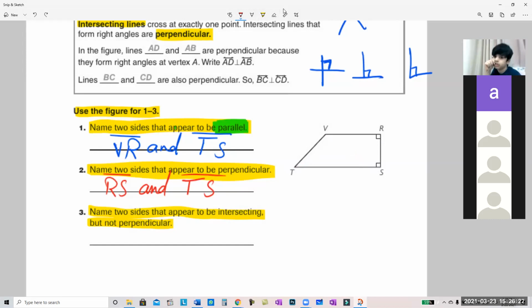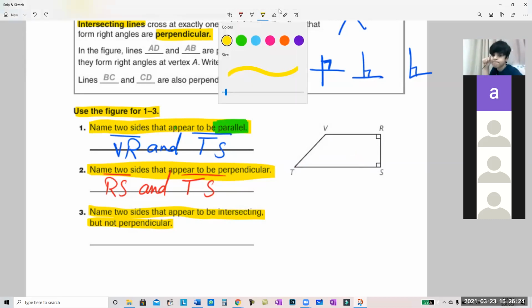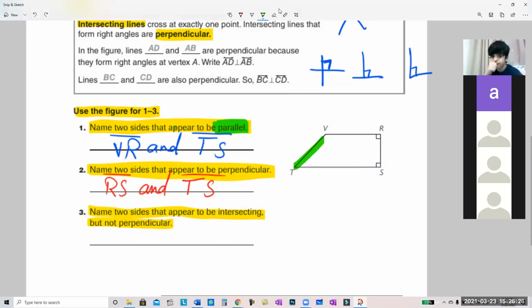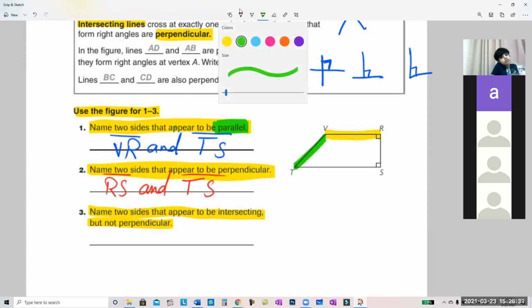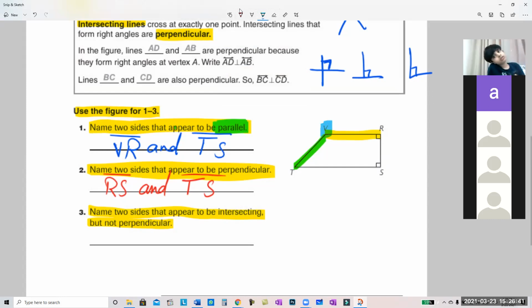Okay, what about this? TV and VR. They are intersecting at V, right? It has a common point. That's our common point. They are intersecting at one point. Yes.